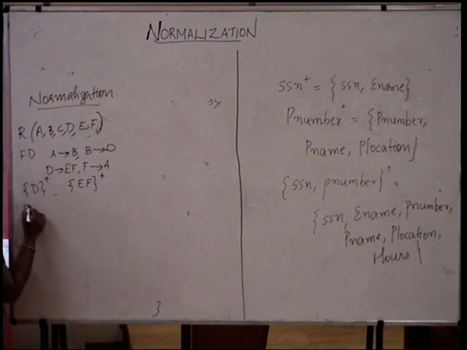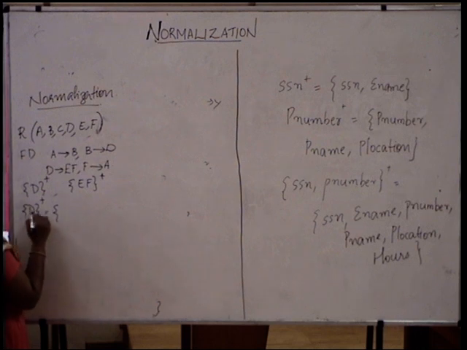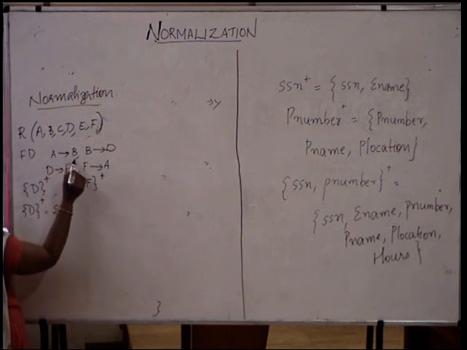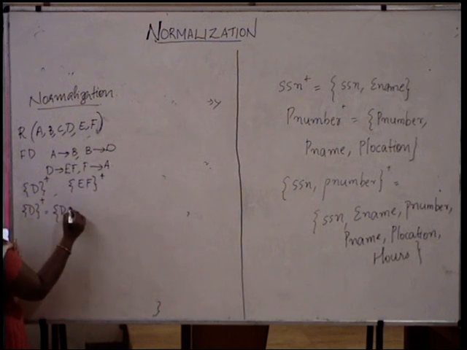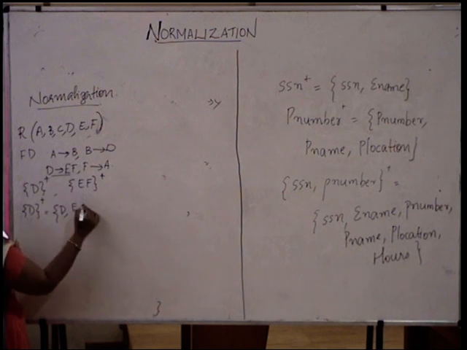The D closure is equal to the D, the same attribute, comma, from the D we will get E and F, comma, to add the attribute E and F from this functional dependency.